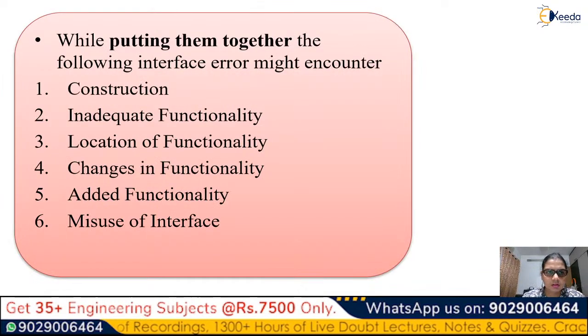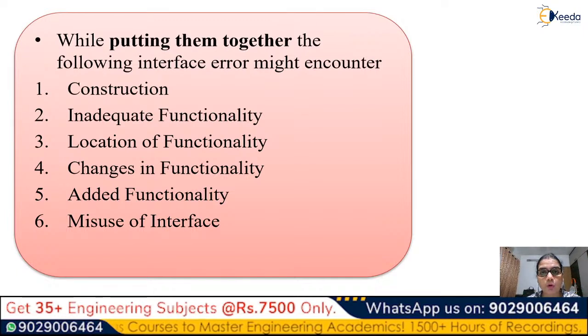Then, while putting them together, the following interface errors might be encountered. What happens when all these modules come together during interfacing? The first is construction, that means how they are connected. Inadequate functionality, or the location of functionality inside the class, whether it is private.